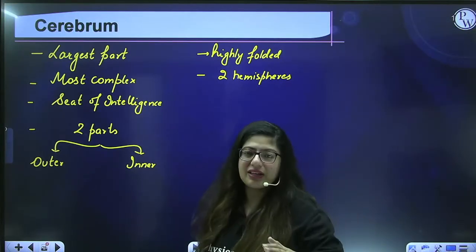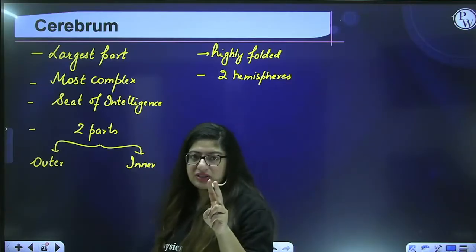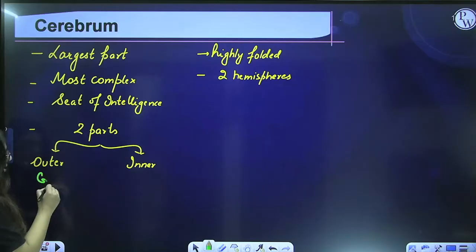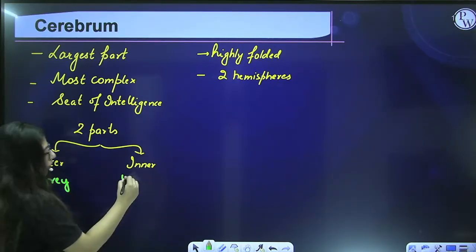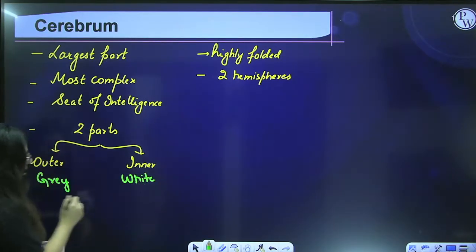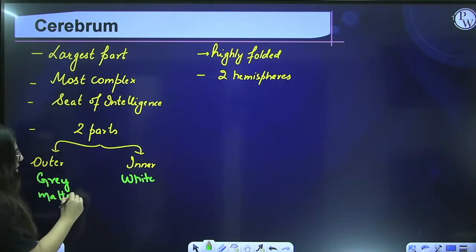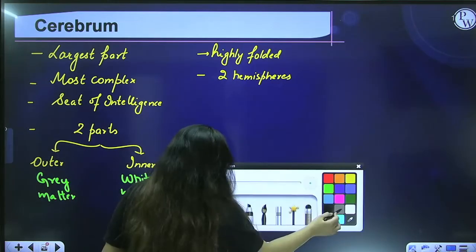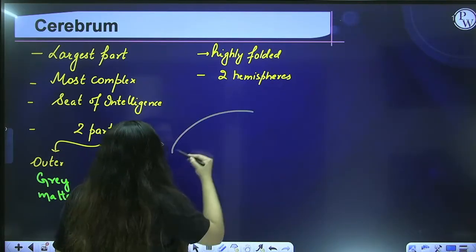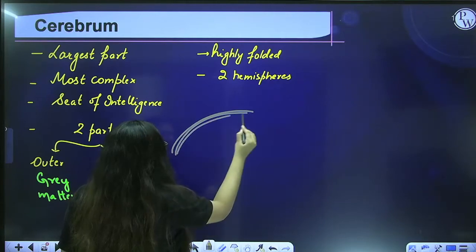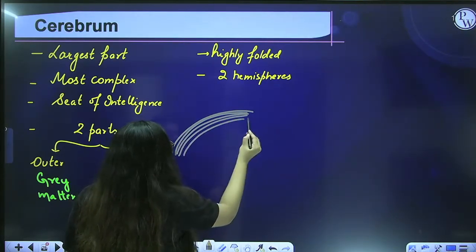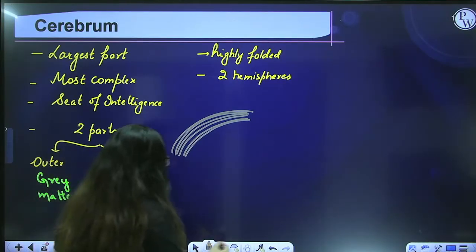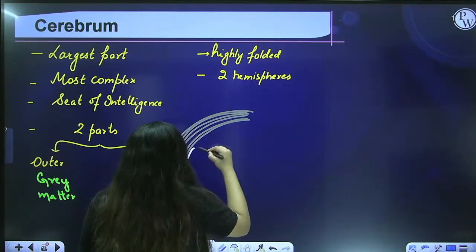If we cut a section of the brain, you will see two regions, one outer region and another inner region. The outer region is gray in color, whereas the inner is white. So you call them gray matter and white matter. If you cut the brain, you will see on the outside gray matter present in the form of 6 layers of neurons, and inside you will find the presence of white matter.